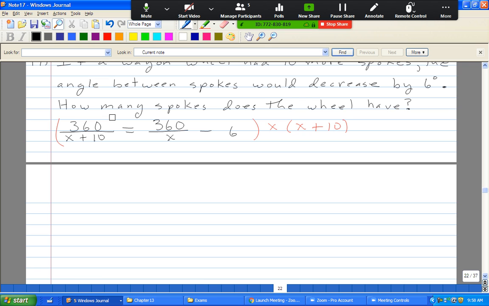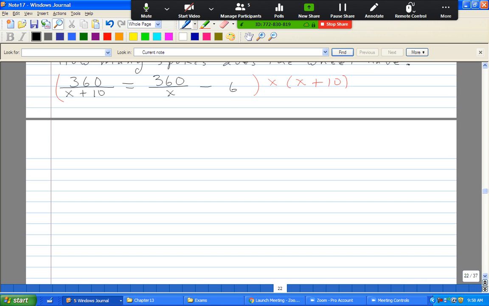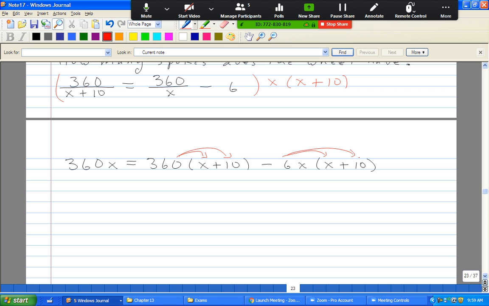So you get 360x, minus, equals, the x's cancel, so you get 360 times x plus 10 minus 6 times x plus 10. Let's multiply 360 and negative 6x inside the parentheses.